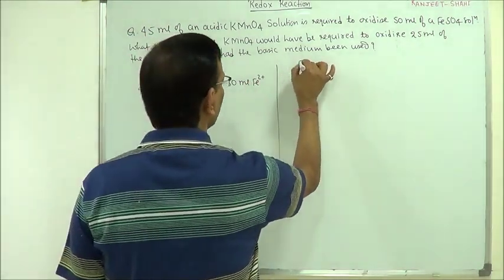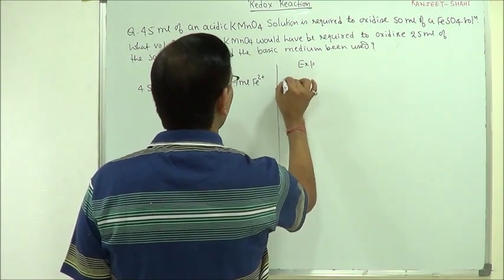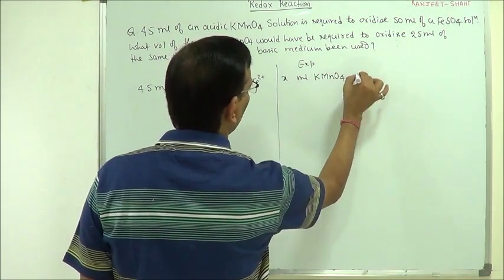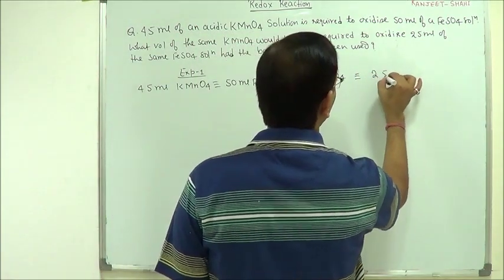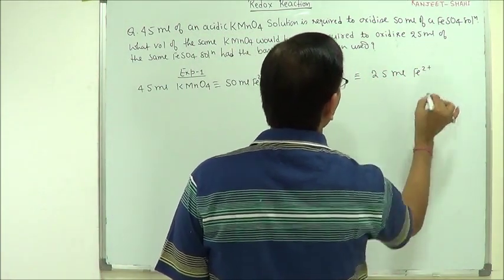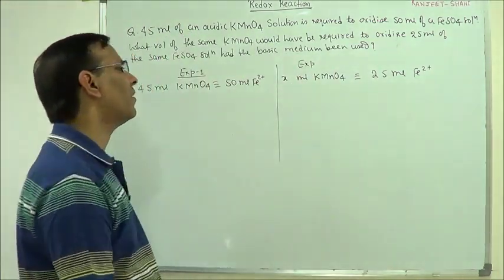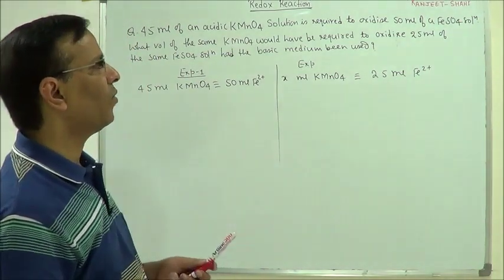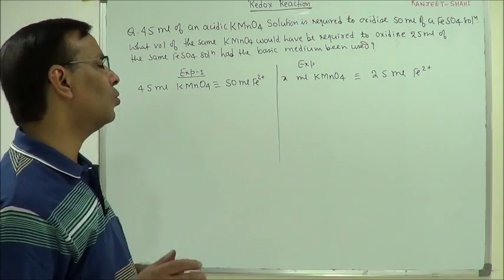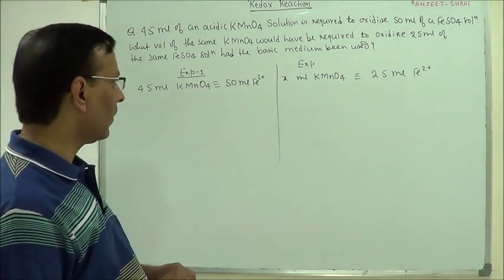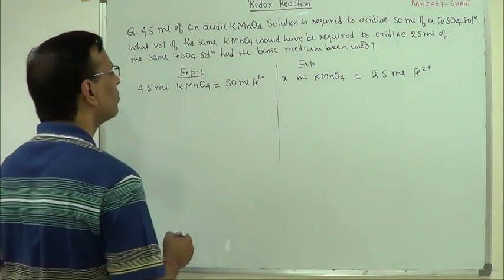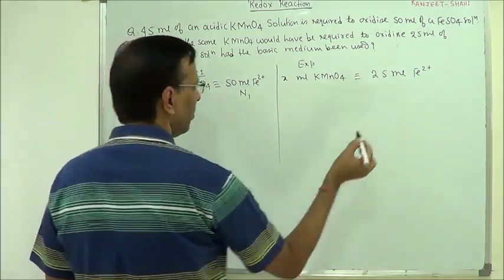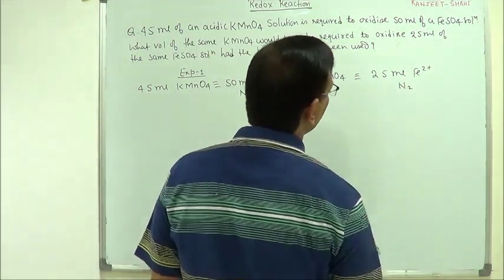In another experiment, say X ml KMnO4 is oxidizing 25 ml ferrous iron, and the concentration of ferrous iron in both cases is the same, since ferrous iron from the same stock is being used. Let us assume normality of ferrous iron be N1. So it will be the same in both the experiments, N1.